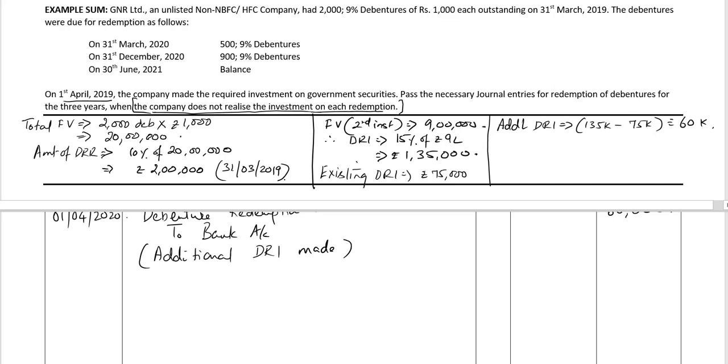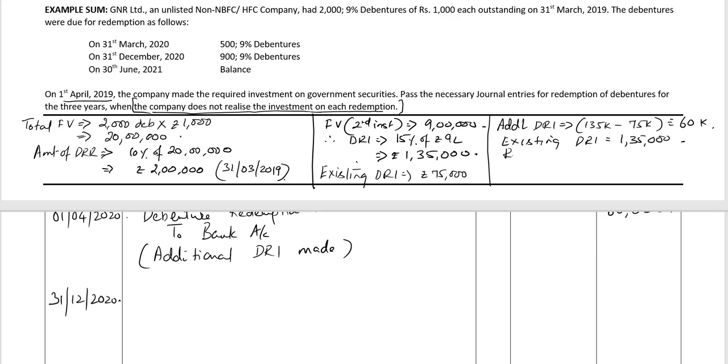On the date of redemption of the second installment, 31/12/2020, we need to sell the DRI in case the DRI for the subsequent year is less than the DRI for the current year. So right now we have an existing DRI of 1,35,000.